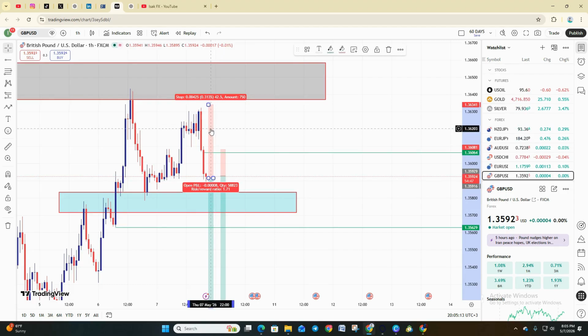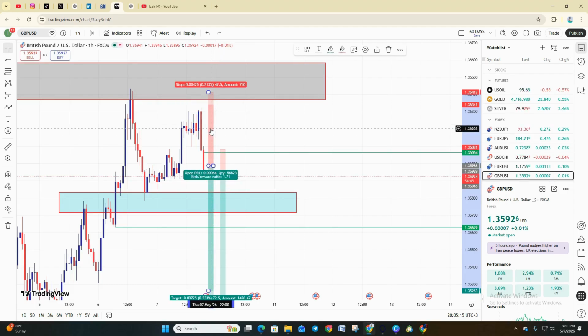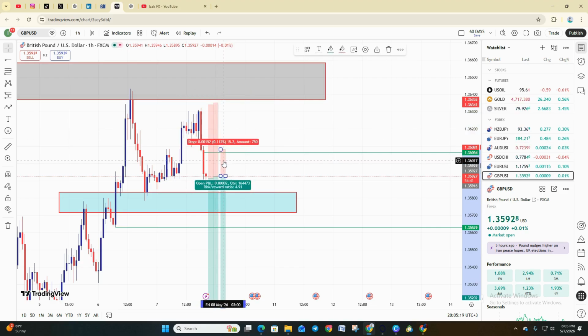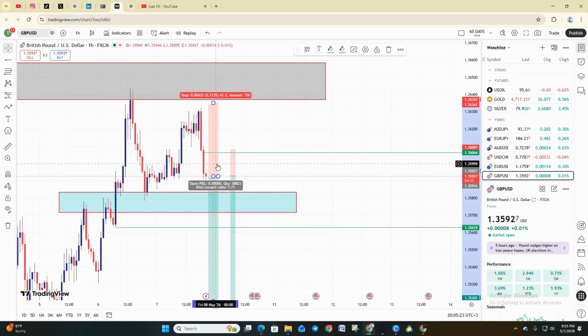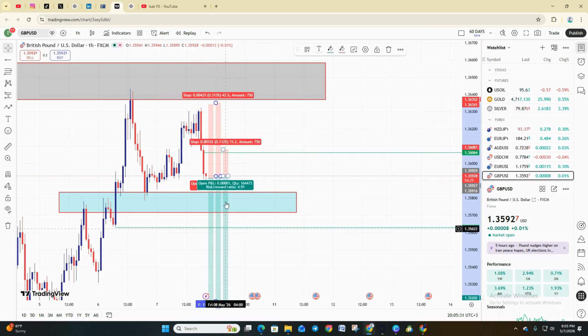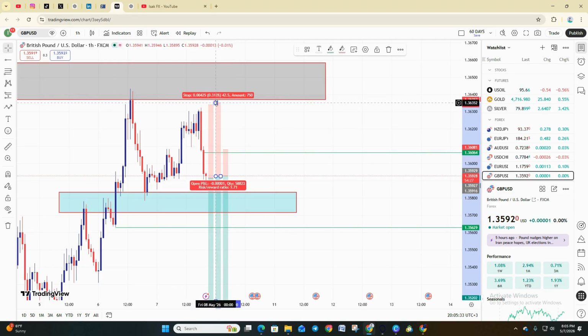Let's narrow this down, and I'll add another position here, the same position. I'll just move this a little bit further, and this one ends up around midway, and this let's put closer here. For the second trade, I'll put the same amounts, just copying the first trade.